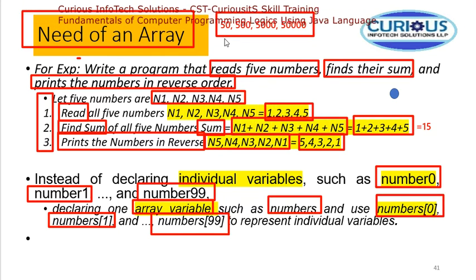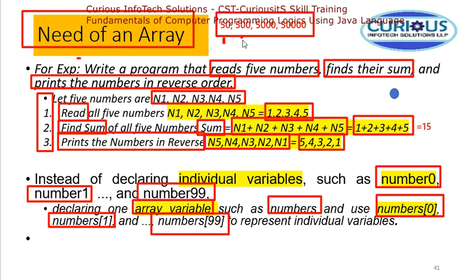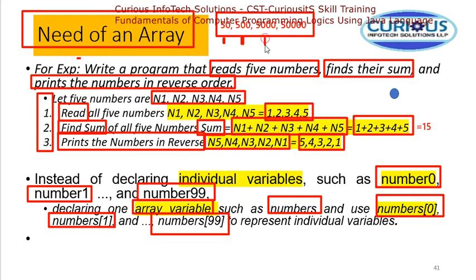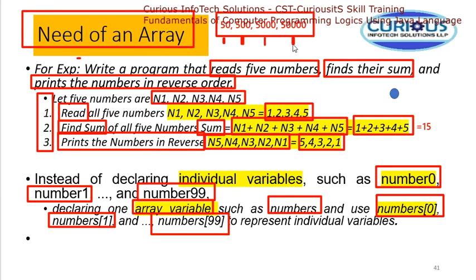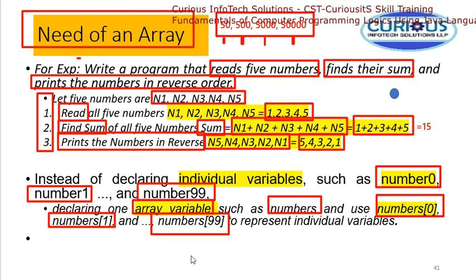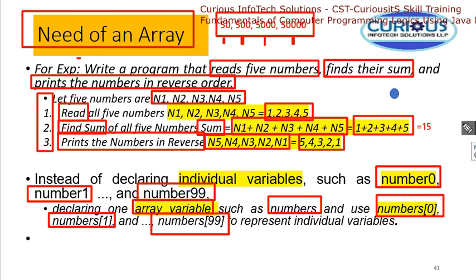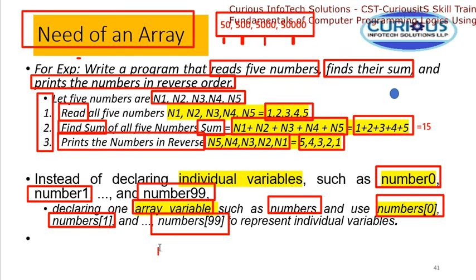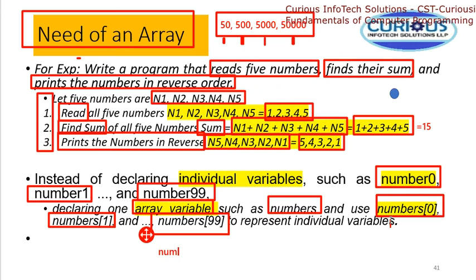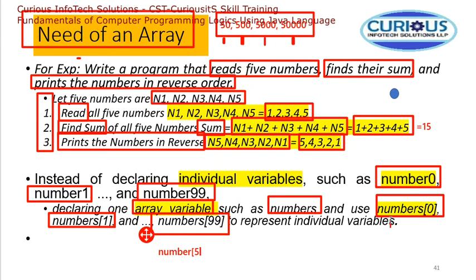So instead of this 50 you do 500, only change the last limit or the size of an array. So here we have to think ki how we can make a size of array. Say my array name is number, so I have to make our size say 5.